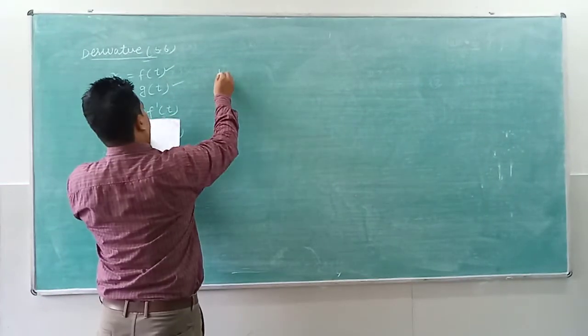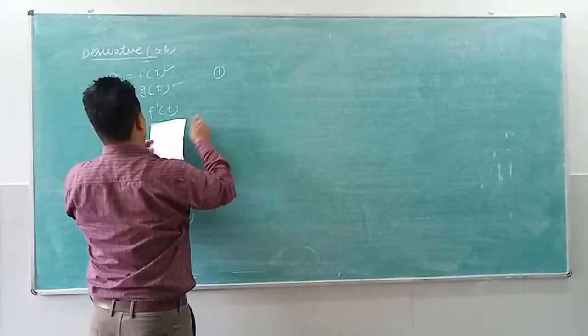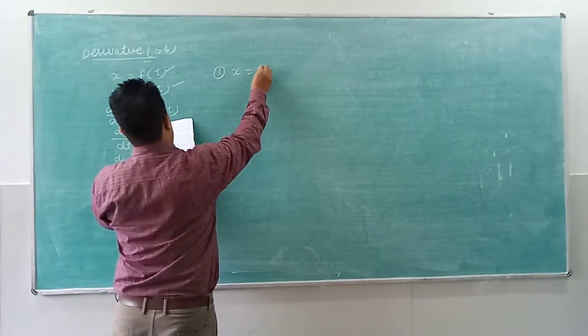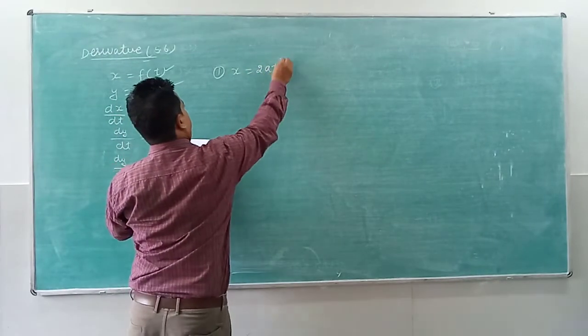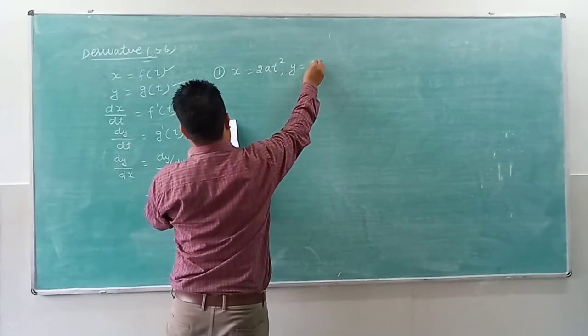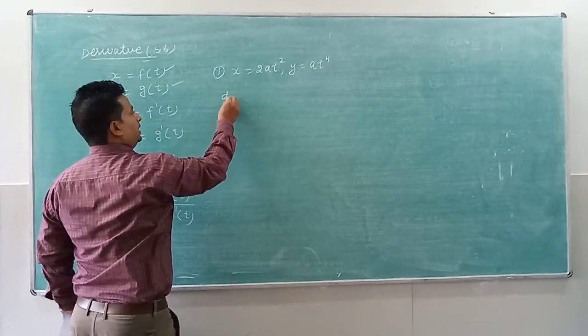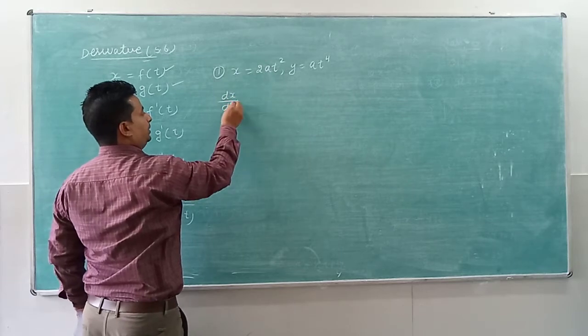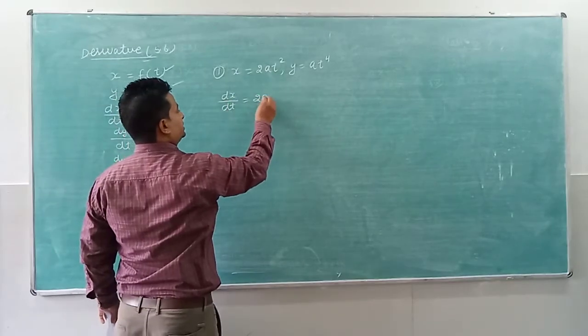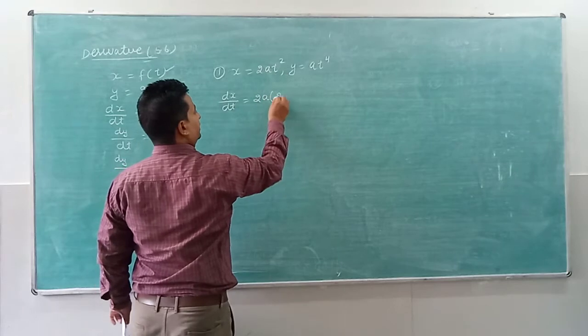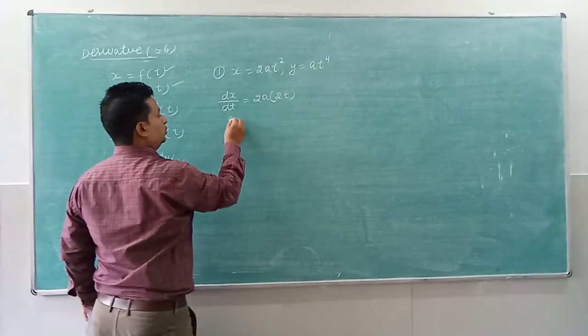In exercise 5.6, the first question is x is equal to 2at square and y is equal to at power 4. When we find dx upon dt, let's differentiate with respect to t, where we use the power rule: 4at.